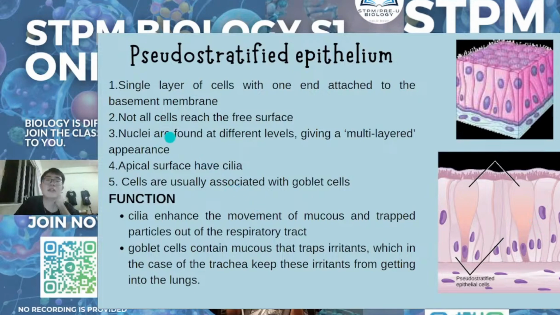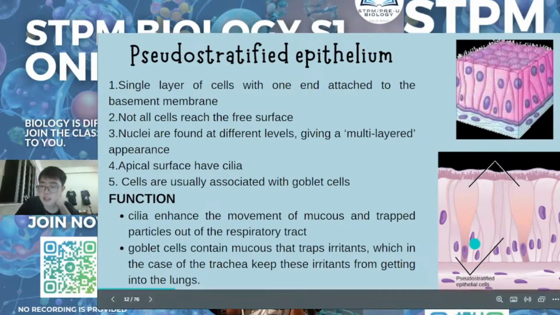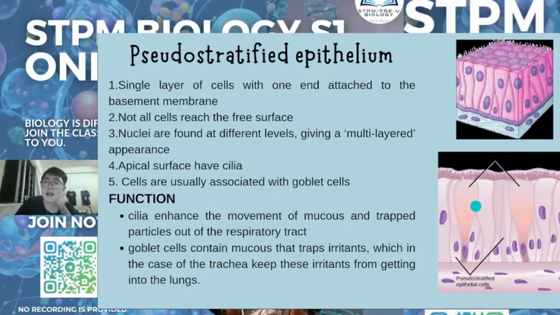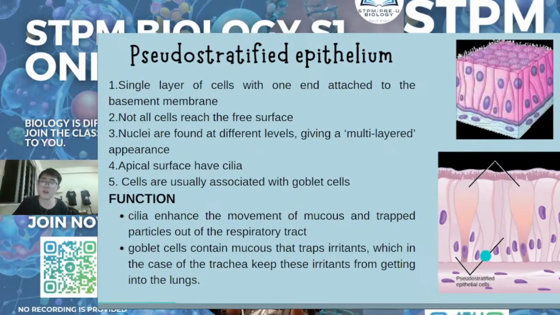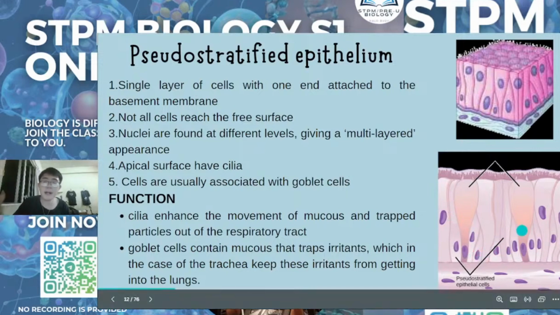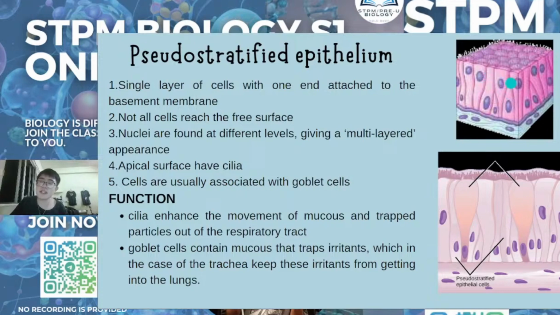And nuclei are found at different levels, giving a multi-layer appearance. The nucleus is not located at a fixed place. It can be located either in the center, or at one end, or either part. So this is one of the reasons that this tissue seems to have multiple layers, but actually it only has one layer.